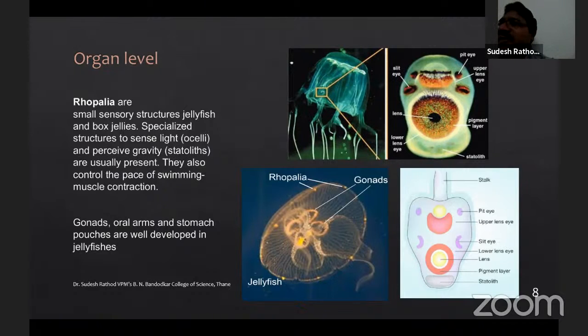Which organs are seen in a primitive organism first? That is in the diploblastic organism, which is ciliated, where tissue level organization is already in existence. But in this animal, in addition, you will see rhopallium-like organs, tiny organs which are developed in this animal.